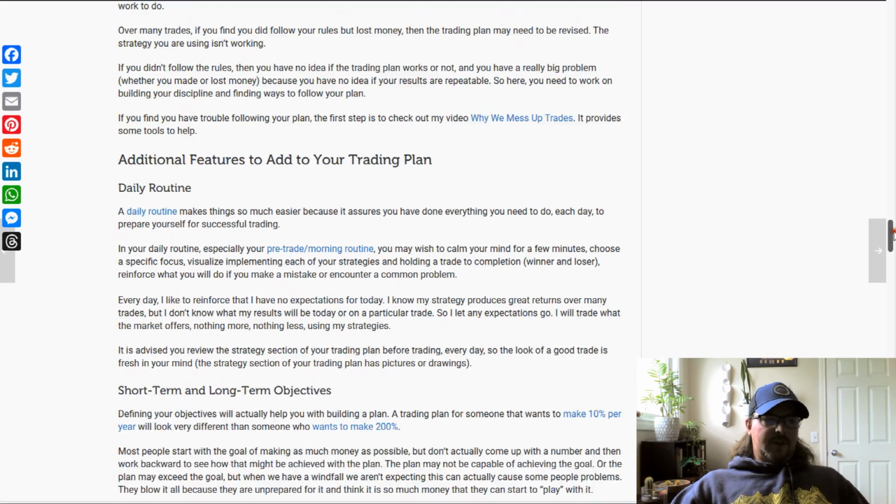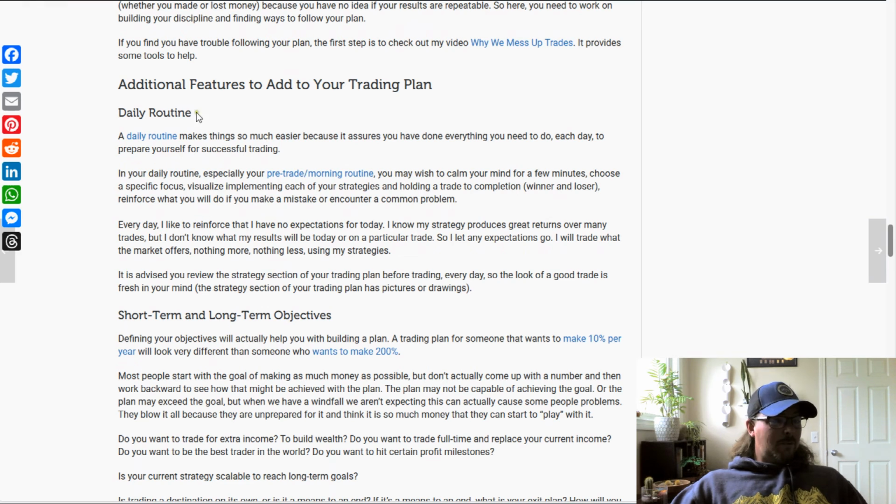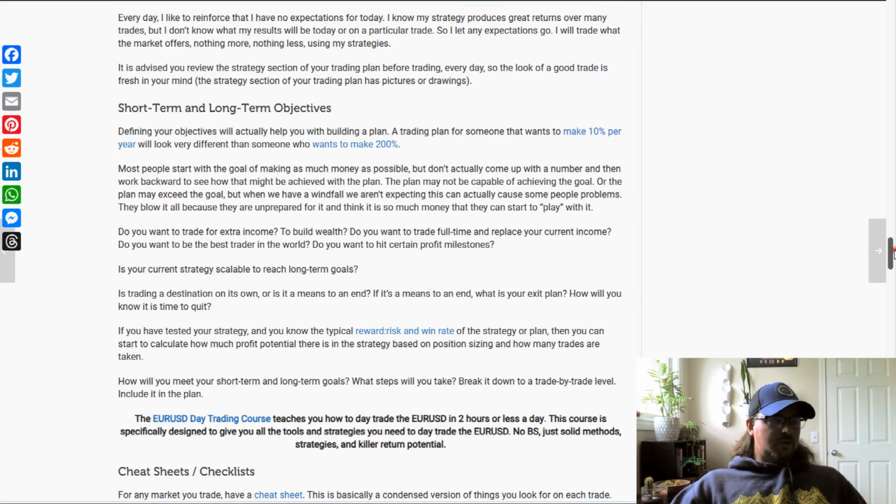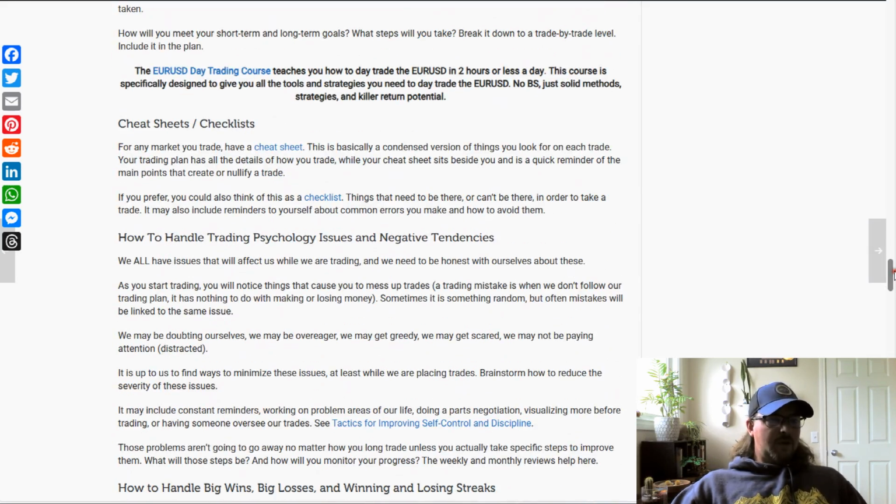So you can see some other features you might want to add in. You might want to also add in what's your daily routine for your trading. Short-term and long-term objectives we talked about. You also might want to make up some cheat sheets or checklists. What has to be in place on every single trade in order for you to take that trade, and do you have to go through your checklist before making a trade?